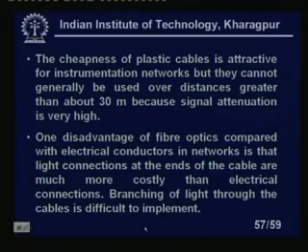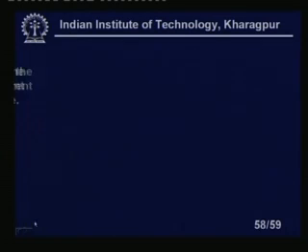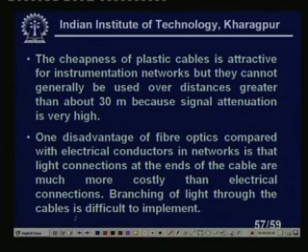One disadvantage of fiber optic compared with electrical conductors in networks is that the light connections at the ends of the cables are much more costly than electrical connections, and branching of the light through the cables is difficult to implement. What is that? You see, it is very simple. I have electrical circuits like this one.